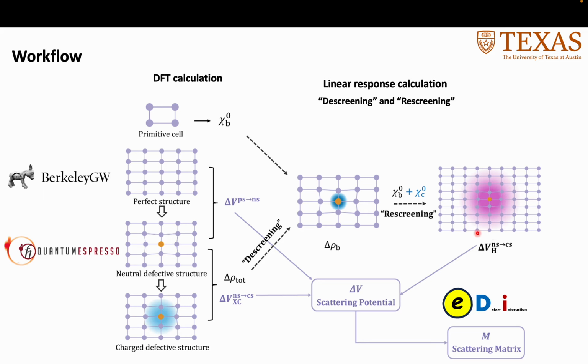After that, we can combine the short-range perturbation potential and the long-range perturbation potential together to become the screened potential, and then calculate the scattering matrix element by our own software, EDI.